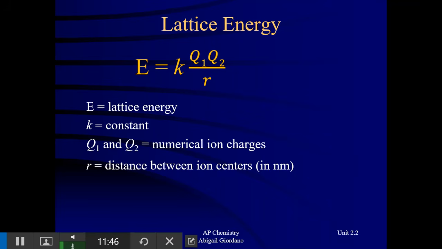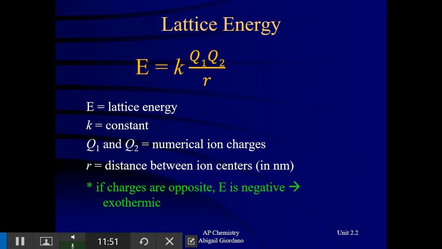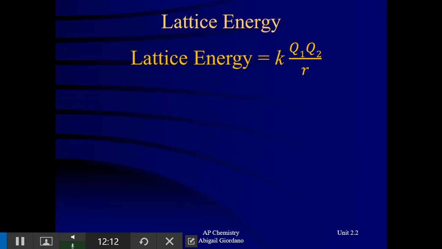We're going to be talking about things in qualitative terms. And again, if we're talking about two oppositely charged particles, a cation and an anion, this energy is going to come out to be negative. So in this case, we're looking at the formation of this bond.